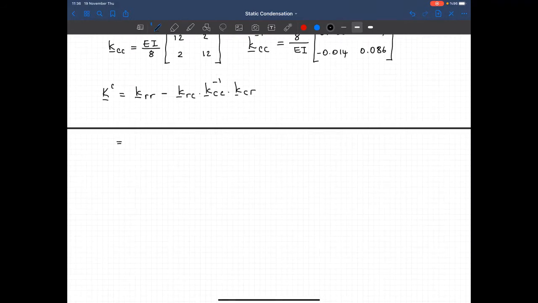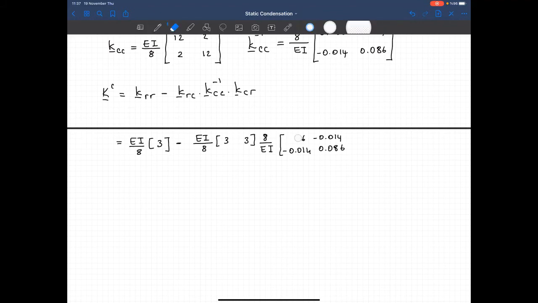Now that's equal to, I have KRR is equal to EI over 8 multiplied by 3, minus EI over 8, 3, multiplied by 8 over EI, 0.086, minus 0.014, 0.086. Let me correct this one.